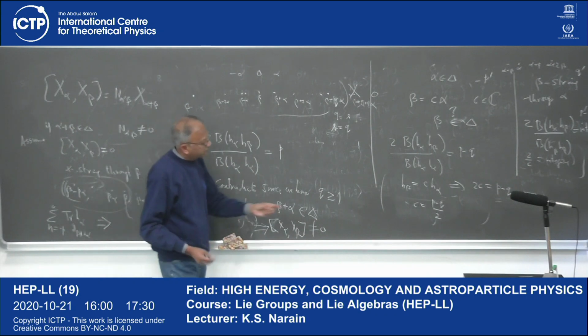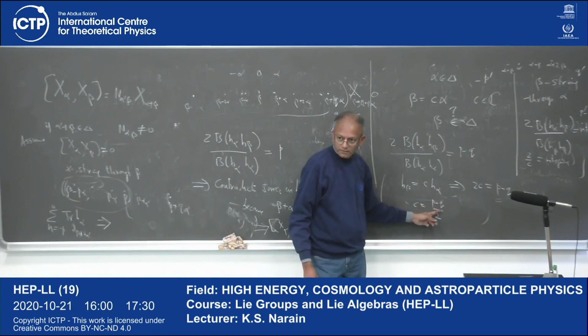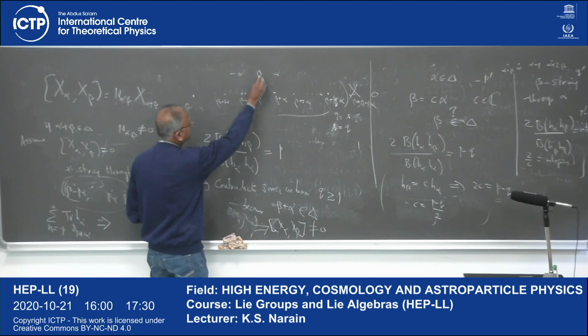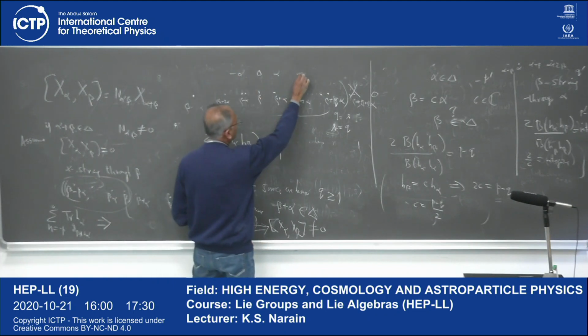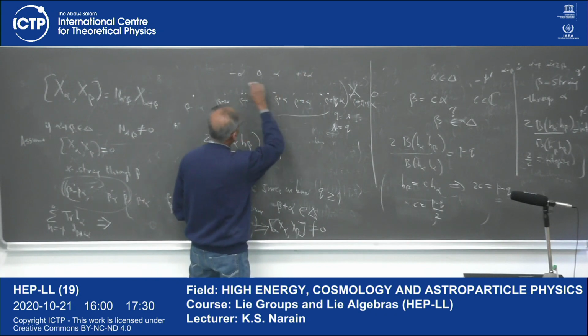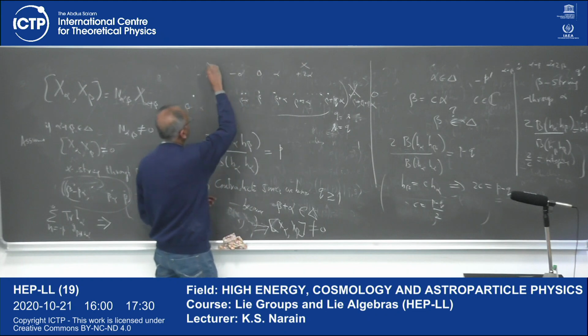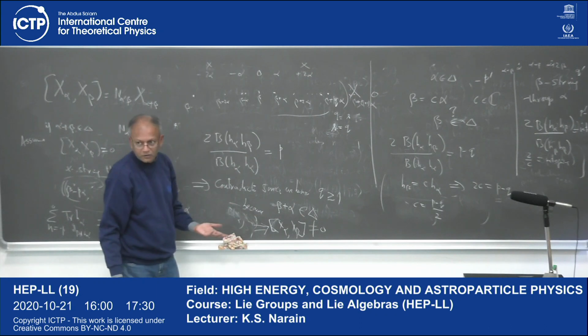In fact, what happens if I take C equal to 0? It just says P equal to Q, because it will be equally distributed. If you have a plus alpha, there's a minus alpha. Plus 2 alpha, there would be minus 2 alpha. But of course, this is not there anyway. So that just says that if I take beta equal to 0, then the corresponding chain will have P equal to Q equal to 1.